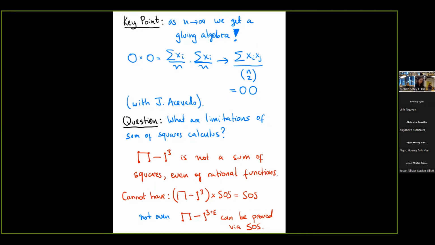Because there are still some cross products that are squares. But the cross products that are squares are going to be divided by n squared. So as n goes to infinity, these guys are going to go away. So as n goes to infinity, you kind of get a gluing algebra for graphs where every edge only contains one vertex.